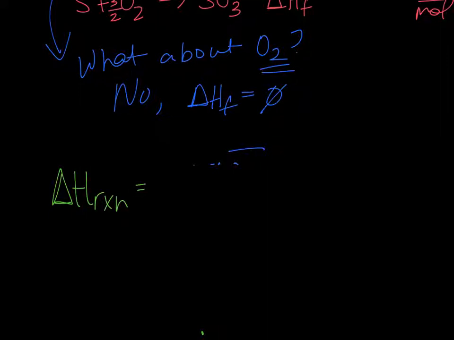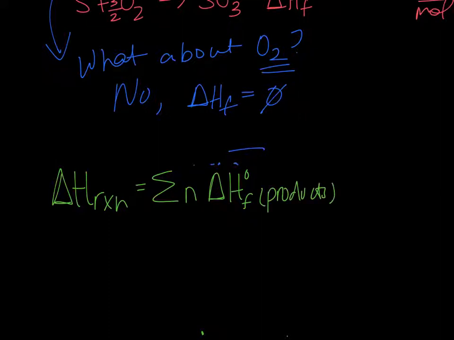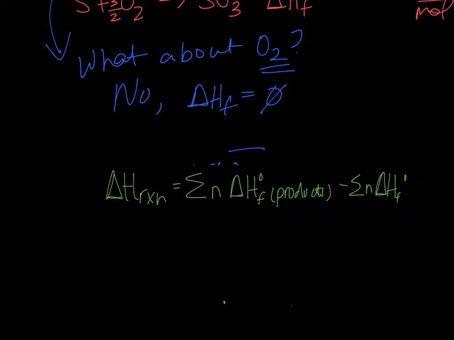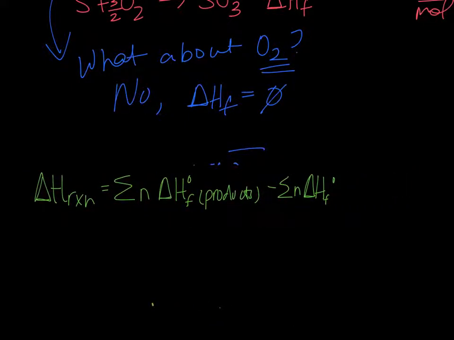For reaction is equal to... Okay, so what this basically says is the sum of, that's what this symbol means, the sum of delta H of F, the delta H of formation of the products.